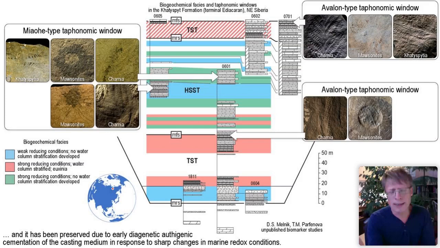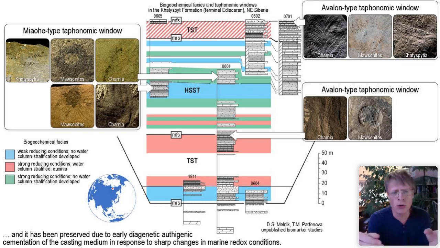They demonstrated that the entire Khatyspyt formation was deposited in an anoxic environment. The red color stands for anoxic and possibly euxinic waters, and green and blue, based on biomarkers, stand for still anoxic, but without euxinia.